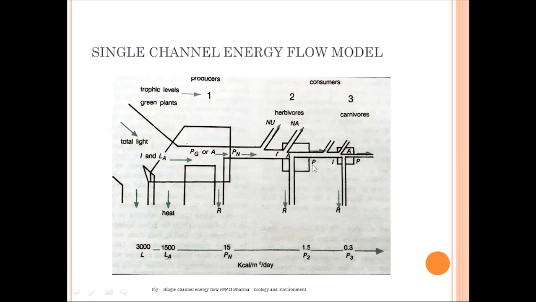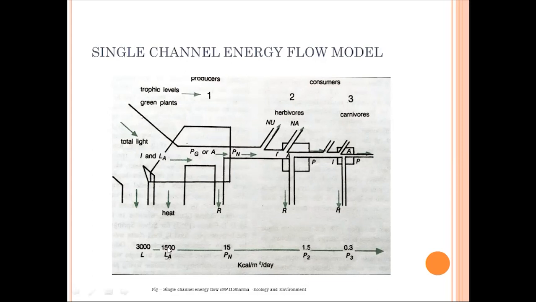So the energy which enters the next trophic level is P, which is nothing but secondary production. In this way, the energy flows from one trophic level to another, and at every successive level, the energy flow is greatly reduced. It can be easily seen by the size of these boxes.